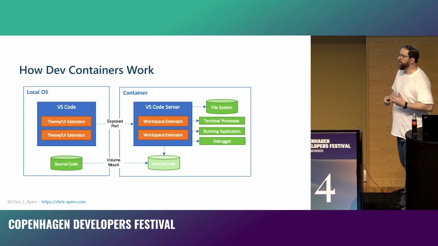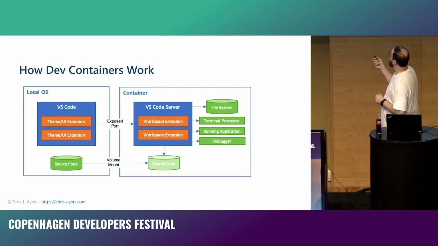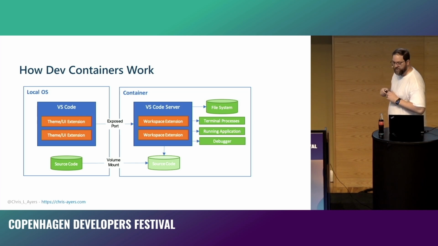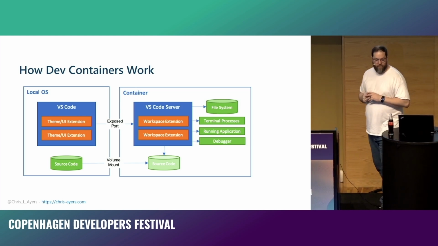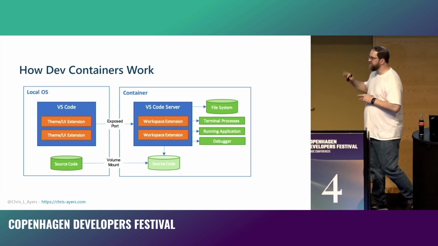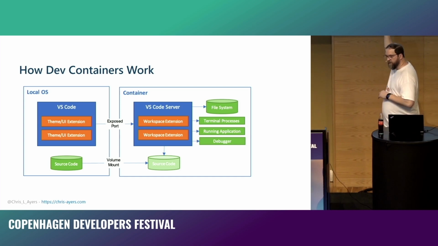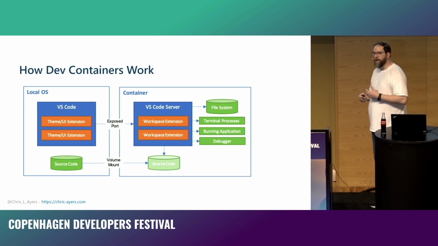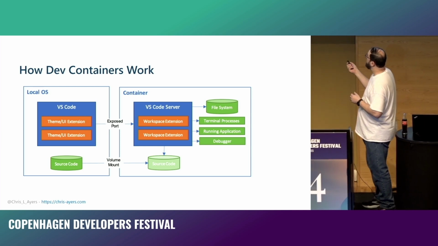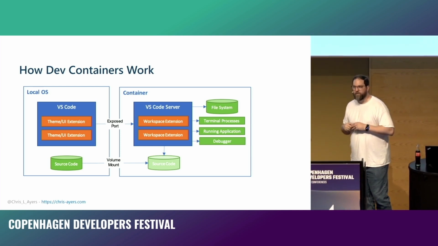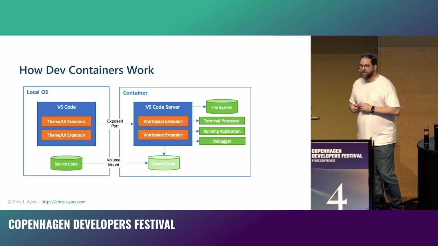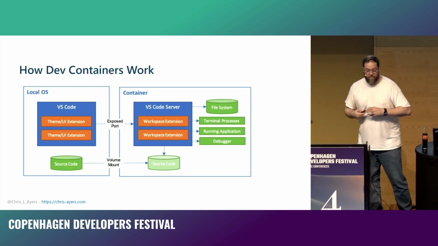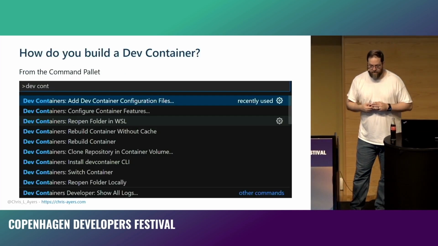But when you start up your dev container, it actually spins up the backend VS Code server runtime inside that container. It mounts the file system. It's going to have all of the terminal processes. It's going to have the application, the debugger, and there'll be volume mounts and port mappings that happen for you. All of this is codified in that dev container config file. And there's a lot of complexity into it, and we'll dive into that.